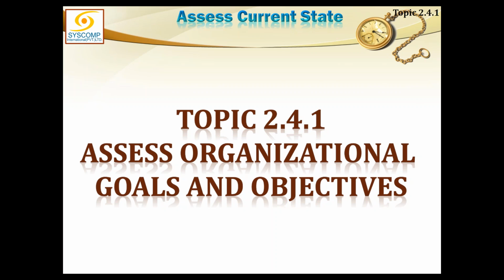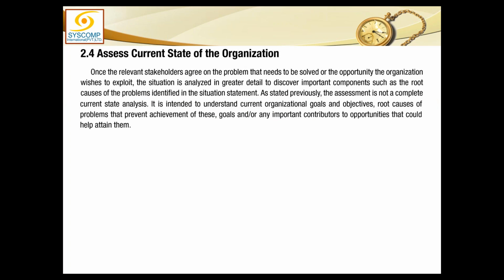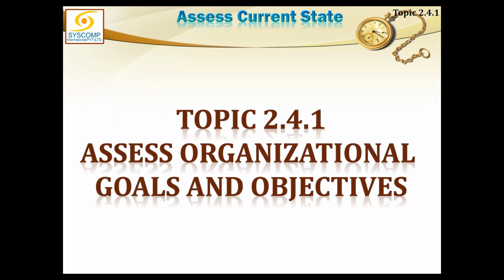So here we started with what is the problem. Then in the last step, we tried to assess the current state of the organization, after we had the situation statement. And in the next step, we are trying to assess the organizational goals and objectives. We are just taking the baby steps. We are breaking the whole thing down into very small pieces.